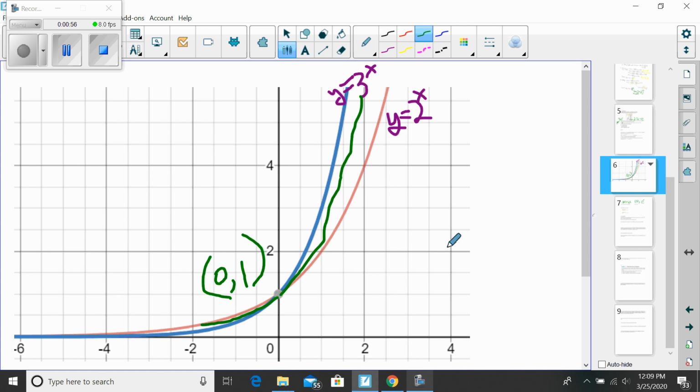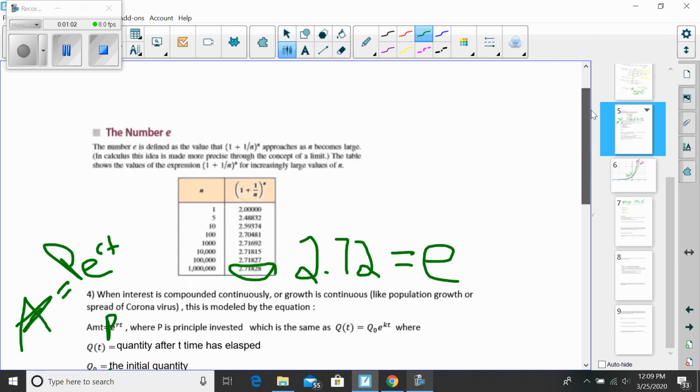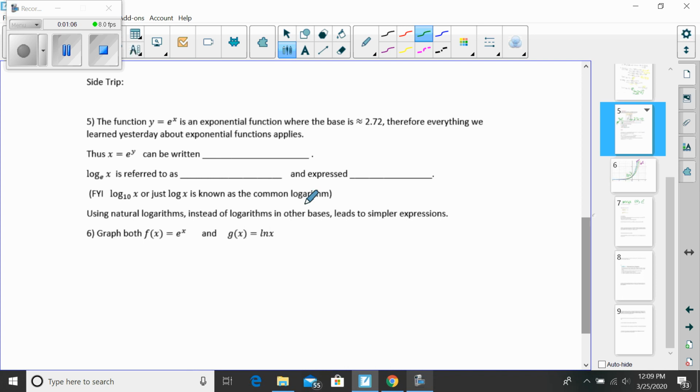So the range and domain that we gave yesterday for all exponential functions, all of those properties apply to the function y equals e to the x as well. Now, when we switch the x and y, we know that we have found the inverse, and we like our functions written in the form of y equals.